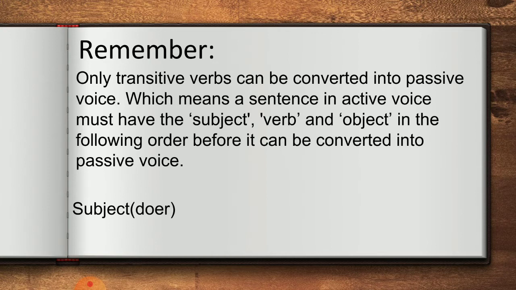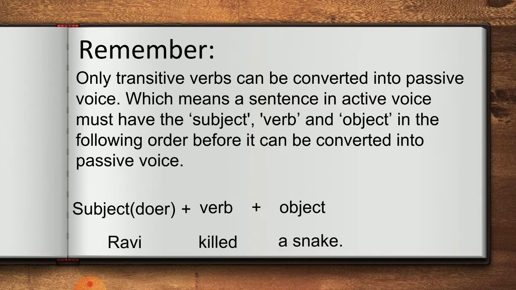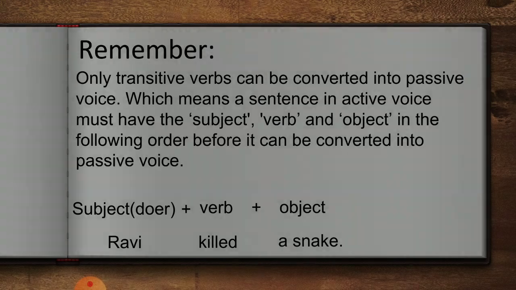That is, subject or doer plus verb plus object. Let's take one example. Ravi killed a snake. Here, subject is Ravi, verb is killed, and object is a snake. So, the verb here is a transitive verb. So, this sentence can be converted into passive voice.